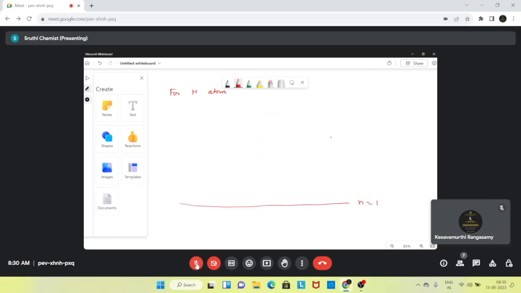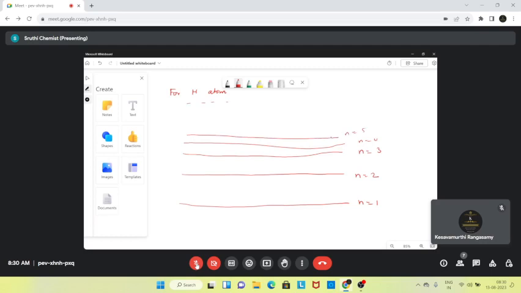This is the second orbit, n is equal to 2. This is the third orbit, n is equal to 3, then n is equal to 4, then n is equal to 5, and this is your infinite orbit, n is equal to infinity.